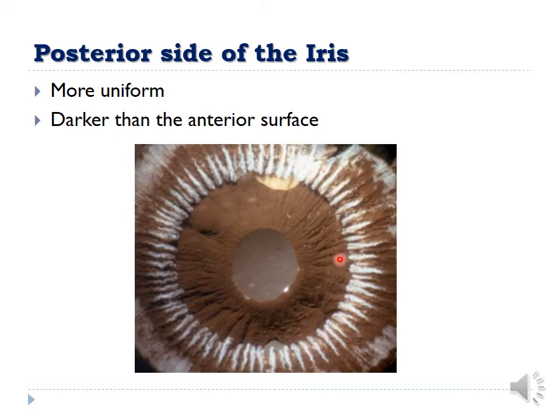It is much more brownish, more uniform, and darker than the anterior surface. We will learn more about the different muscles in the upcoming slides.